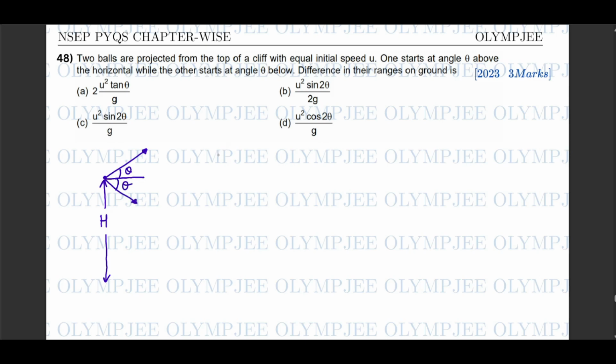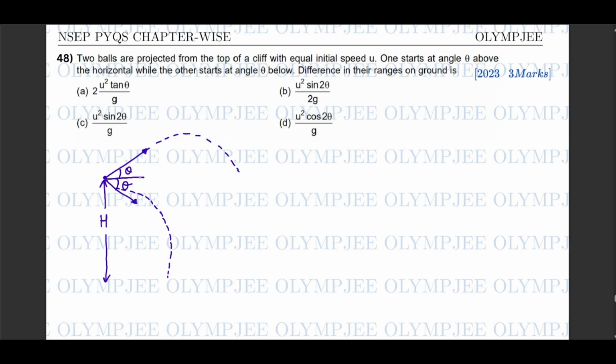So either you can calculate the range in the traditional way by using equation of motion, but I'll tell a better method. So this particle will be traveling something like this, and this particle will travel like this.